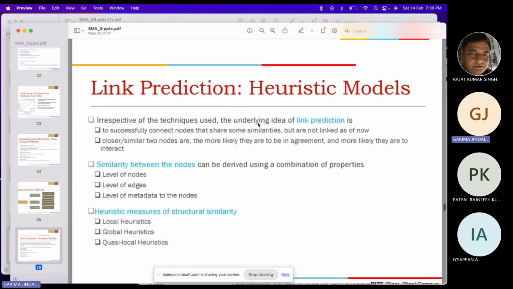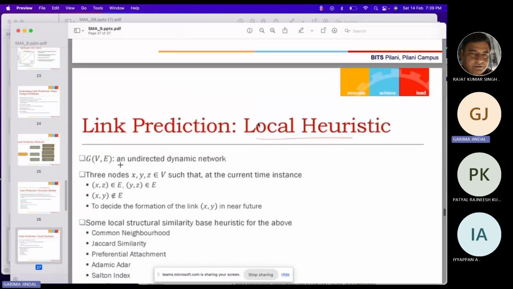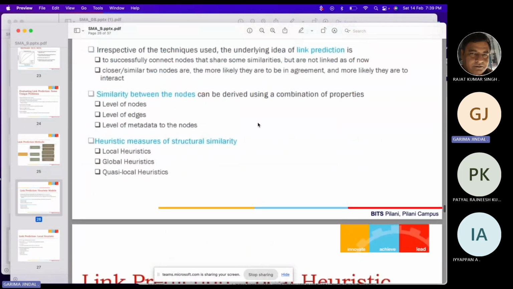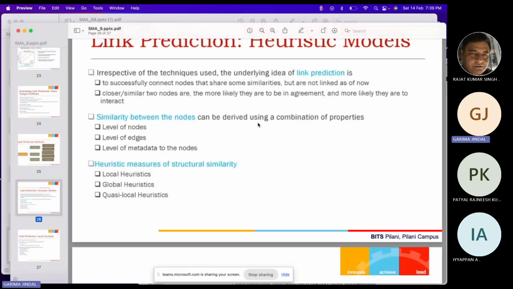Then in the heuristic methods, we studied methods based on node similarity. We calculate the node similarity based on the number of common neighbors, and maybe we can consider the metadata related to nodes. Based on how similar two nodes are, or based on the metadata or the number of common neighbors, we can predict the link.